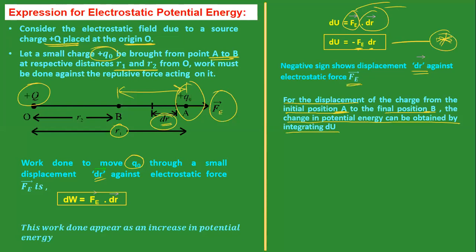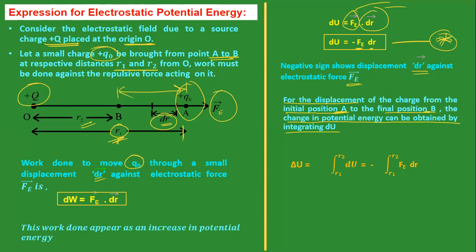We do the integration within limits because we have to displace the charge only from R1 to R2, A to B. So the change in potential energy is equal to the integration of dU within limits R1 to R2, because we have to displace the charge Q0 from point A to B, from distance R1 to distance R2, and both distances are measured from the same point O.